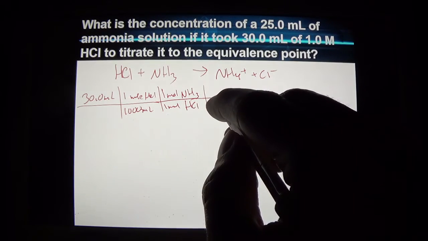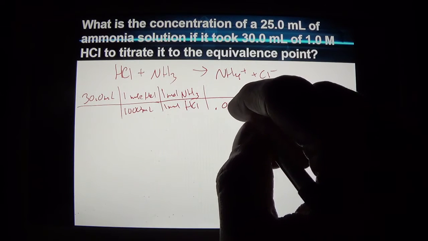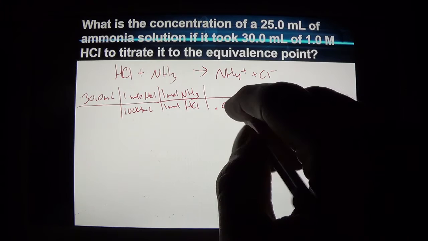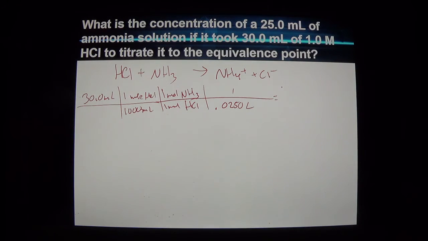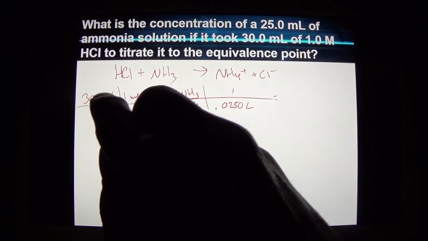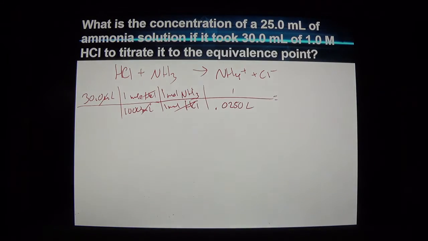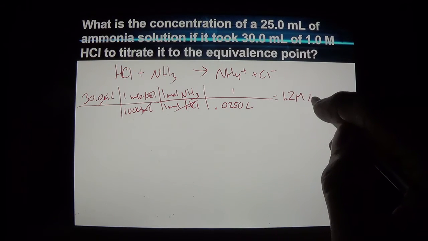And I know that I had 25 milliliters, or 0.025 liters of NH3 in my flask. So milliliters cancels milliliters, moles cancels moles. I get moles per liter of NH3. Hey, that's molarity of NH3. Hey, that's what I was looking for. So I'm ready to do the math. And I see that it was a 1.2 molar solution of NH3.